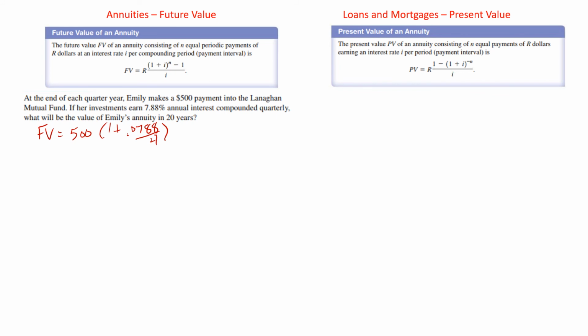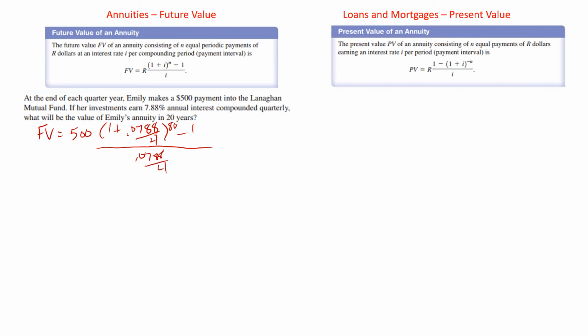That's the interest rate per compounding period, so that divided by 4, and then the n is the number of compounding periods: 20 years times 4 gives us 80, minus 1, over 0.0788 divided by 4.